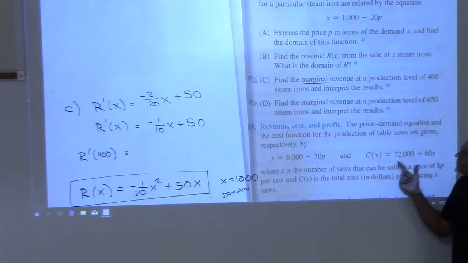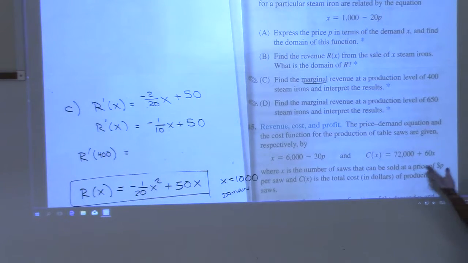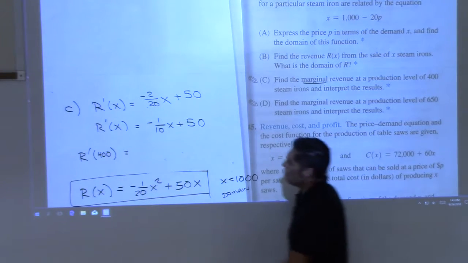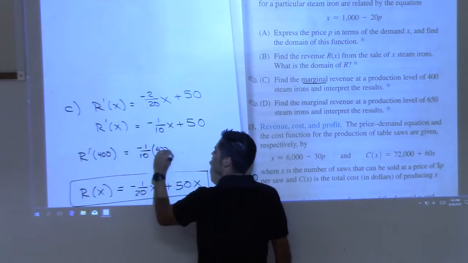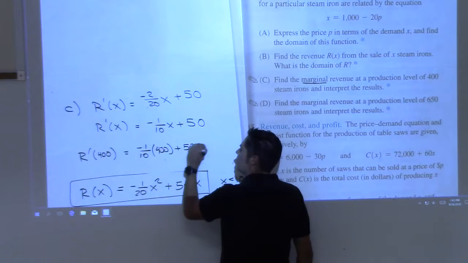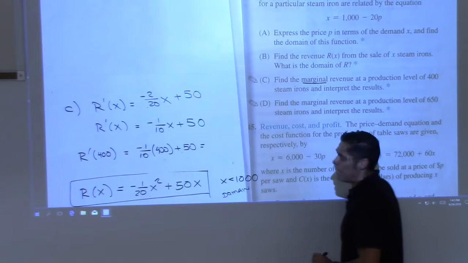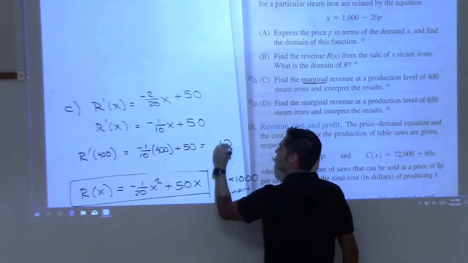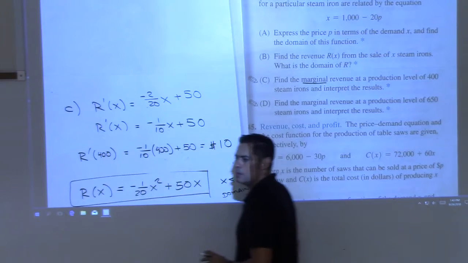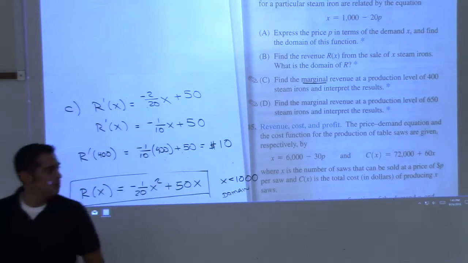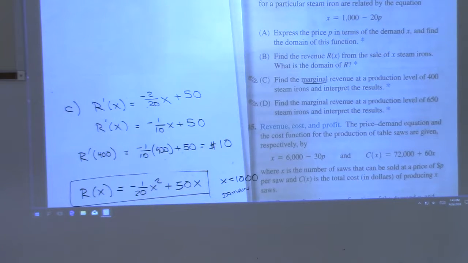All right, plug in 400, right? So what do you get? Negative 1/10 times 400 plus 50 is 10. You should get 10. $10. It's positive, right? What does that mean?